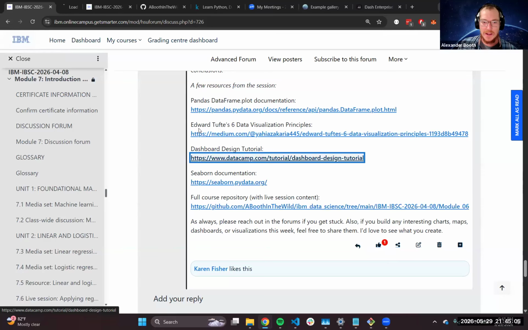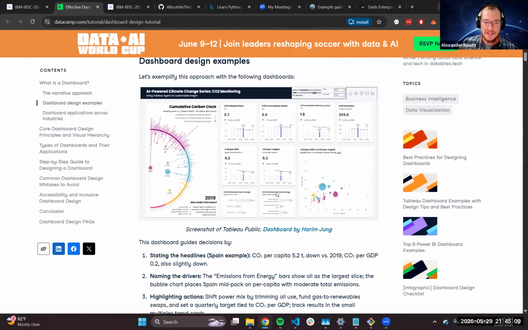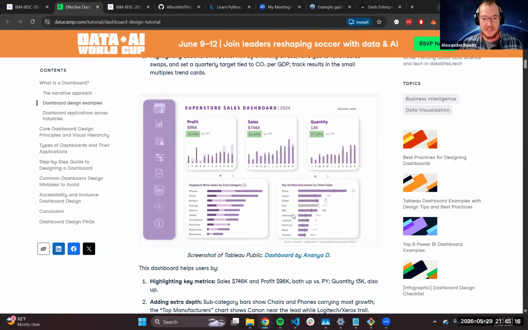Let's see, we got some more. I think I shared this tutorial on building effective dashboards. Again, this will help you whether you're creating a Tableau, Dash, Looker, doesn't really matter. A lot of the ideas on dashboard design translate across technologies. Again, how do you make it clear?